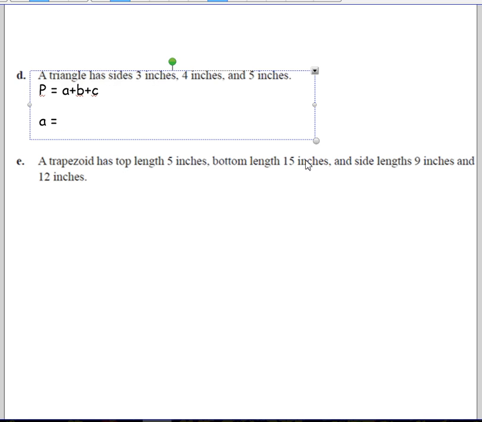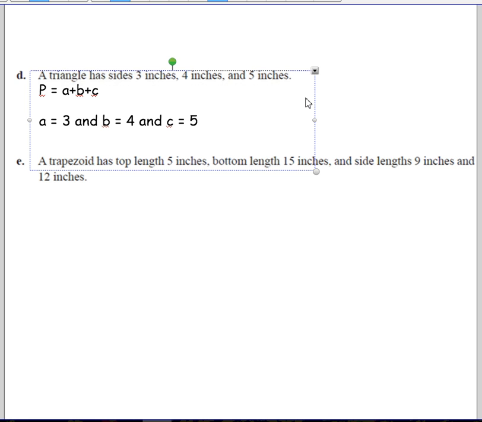So my A, the first length they gave us, was 3. B will equal our second length, which is 4. And our length of C would be 5. But if you wanted to assign A as 5, B as 3, C as 4, anything like that, it doesn't matter.